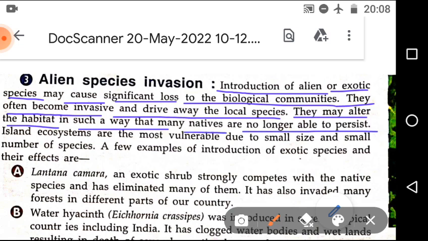These alien species are so dominant that they change the habitat in such a way that the native species which once inhabited that habitat will no longer be found there. It will be against their habitat.